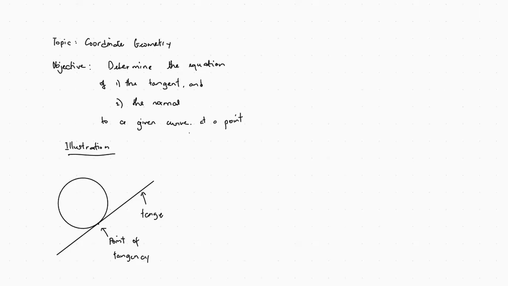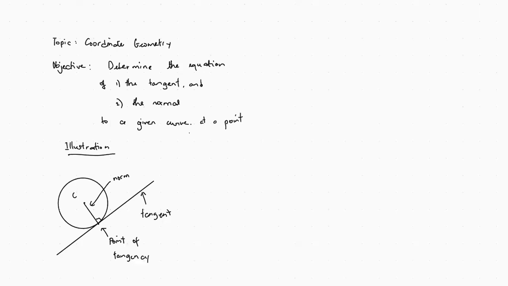Now, in the case of our circle, we have a center. Once we have the equation of the circle, we can get the center. If you know the center and the point of tangency, I can determine the equation of the normal because I have the point of tangency, P, and the center.